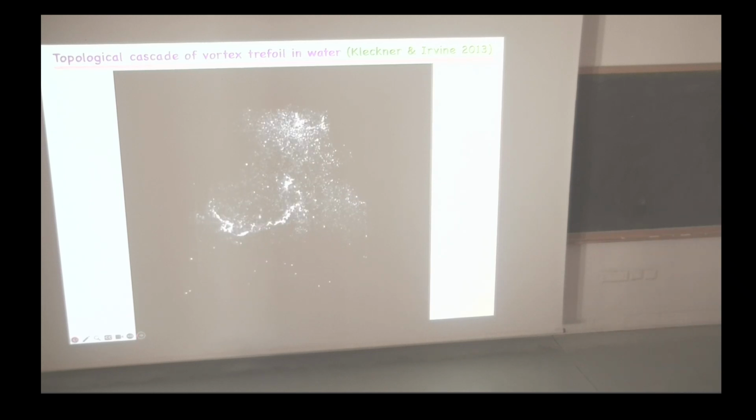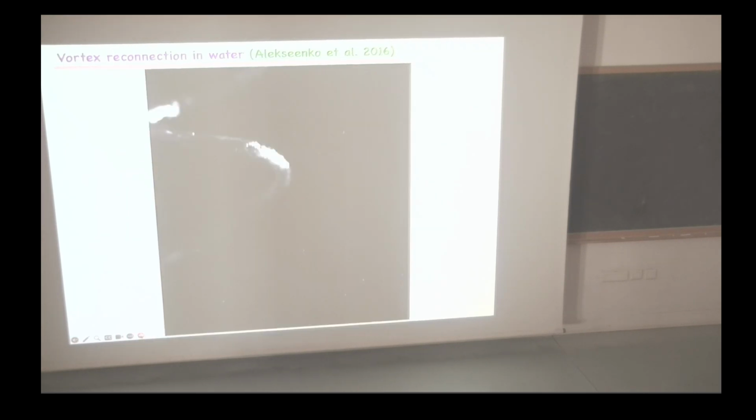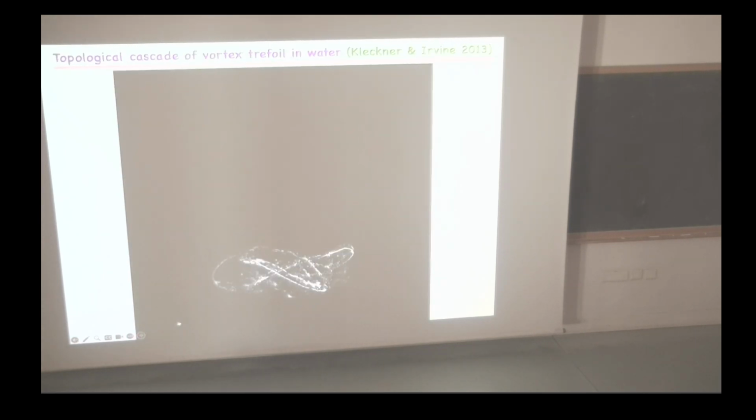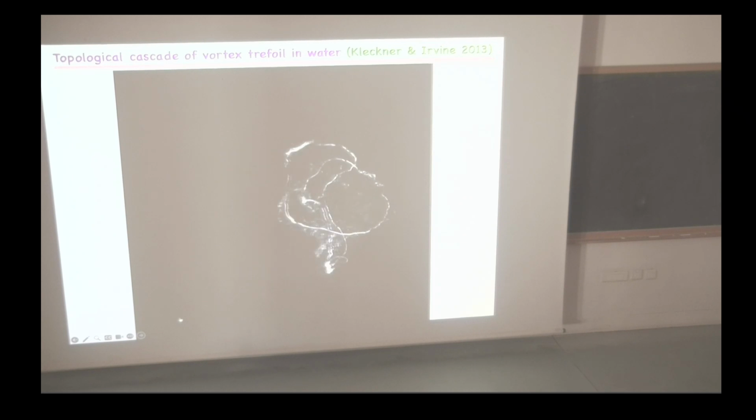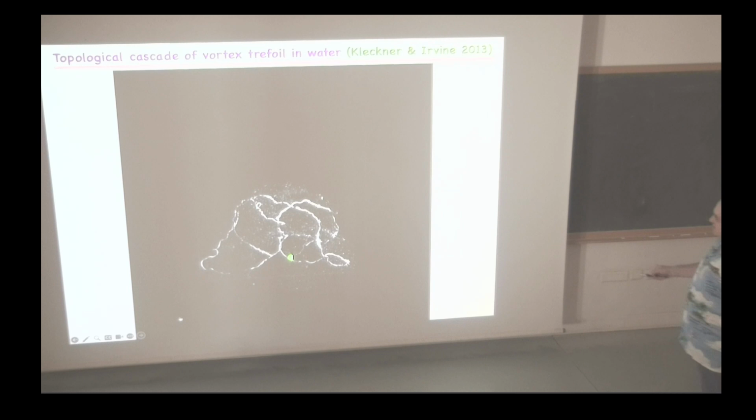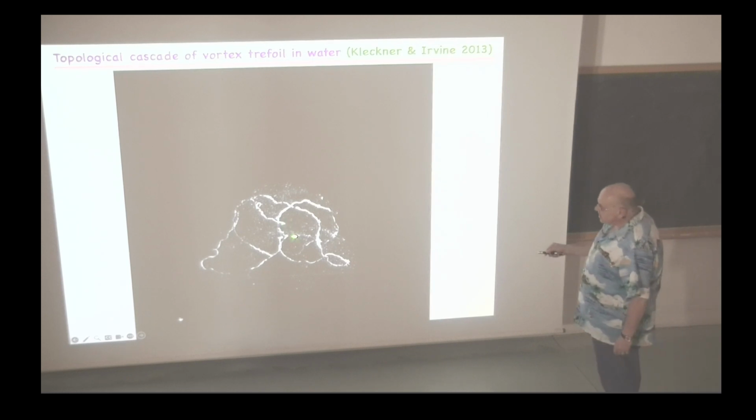Let me play it again, and I'll stop at critical times, so we have the evolution here. Still, you can detect well the distribution of the bubbles in the shape of a trefoil knot. And then, as you evolve here, you see there is a reconnection.